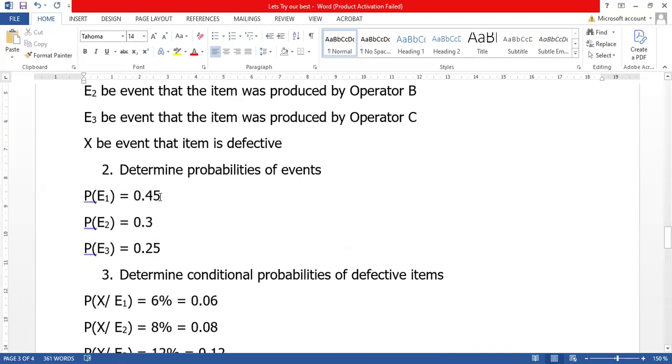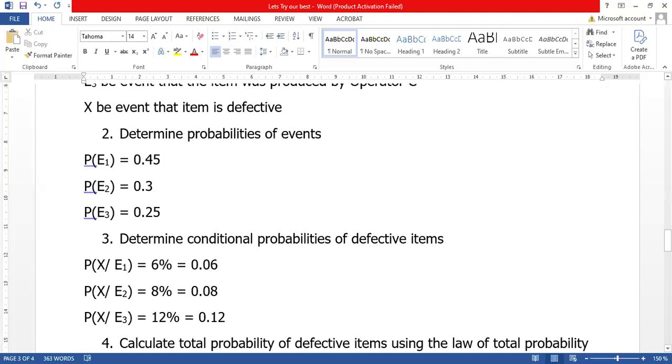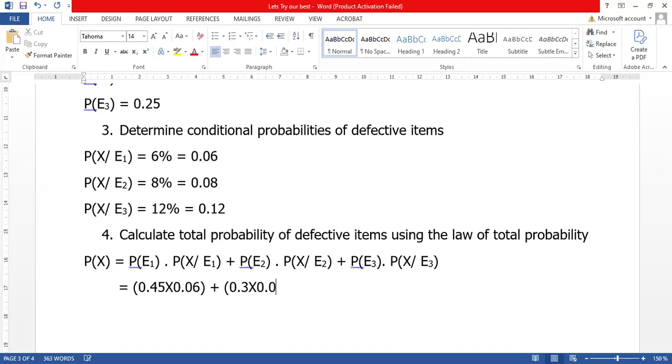The probability of E1 is 0.45 times 0.06, plus, open bracket, the next one is 0.3 times 0.08, plus 0.25 times 0.12.